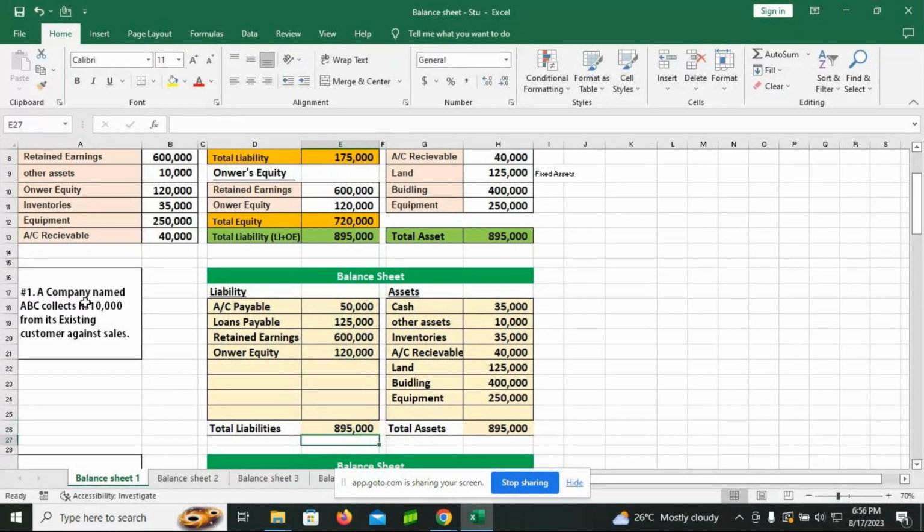Now here a company named ABC collects rupees 10,000 from its existing customer. Okay. So I am taking the money, means here the amount will be added. So that will be plus 10,000. So plus 10,000 will be added here. Then here what has to be done this side.